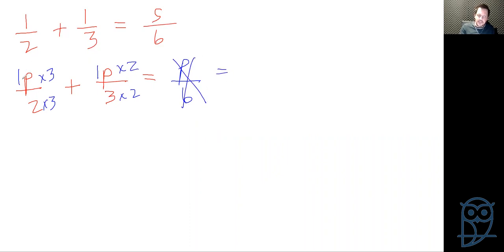But p times 3 is 3p plus 2 times p is 2p over 6. And 3p plus 2p, adding like terms means you add the coefficients, 5p/6.